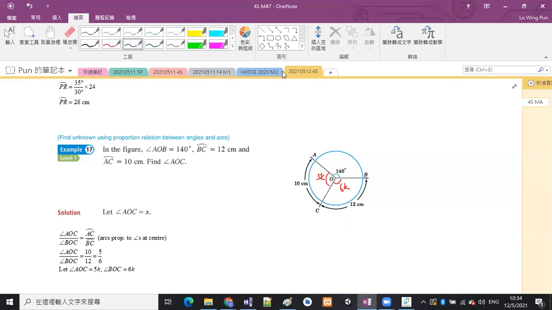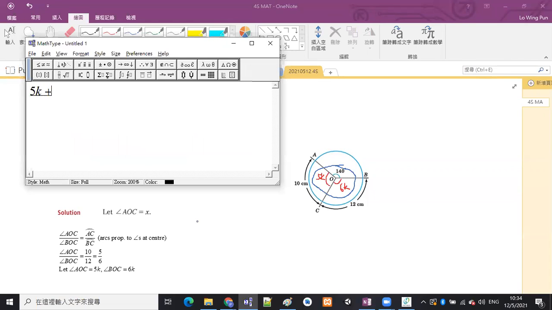And so I have introduced an unknown. So I need to set up an equation to find the unknown. So what information should I use to set up the equation? Should be this one, angles at a point, right? So 5K plus 6K plus 140 degrees should be equal to 360 degrees. Angles at a point. Okay, so 11K is equal to 220 degrees, and then K is 20 degrees.